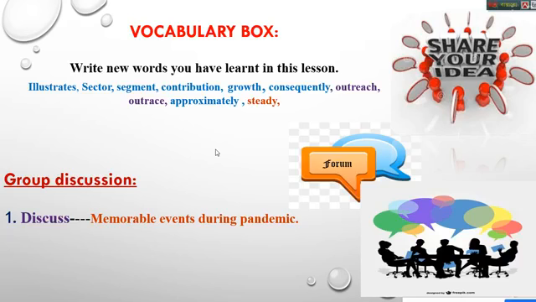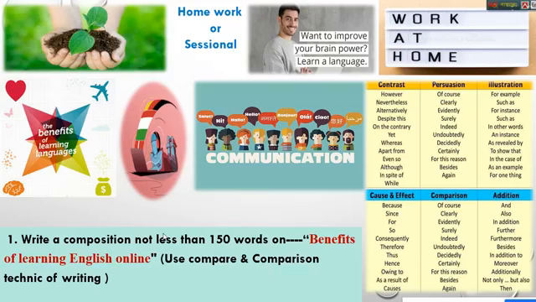All right, this is the homework. Each and every day I suggest you develop a paragraph. Today this topic is a little bit different from what you have done, because you have simply developed a single composition, but in today's task you have to write a multi-paragraph composition of more or less 150 words on the benefits of learning English online.